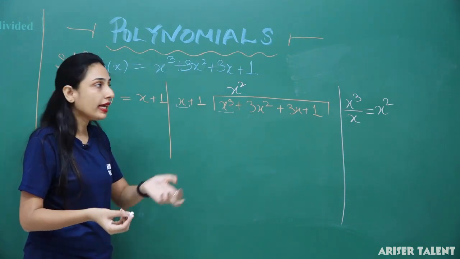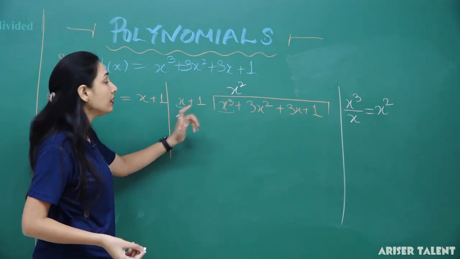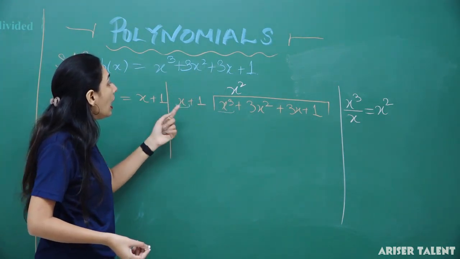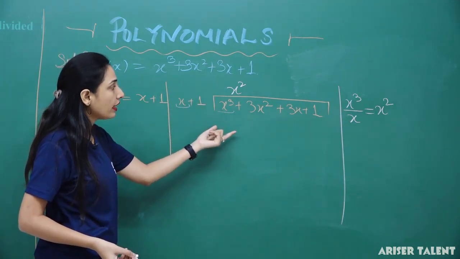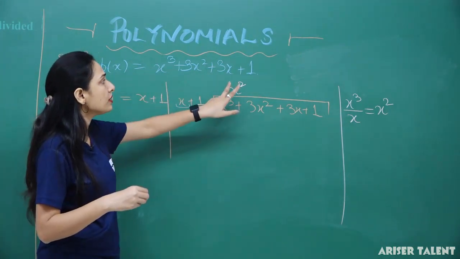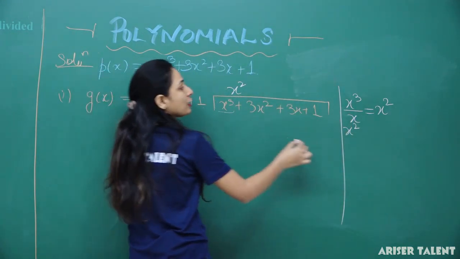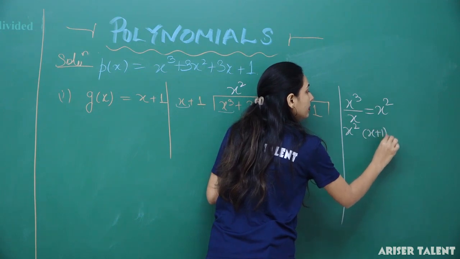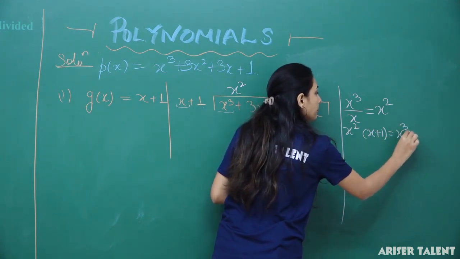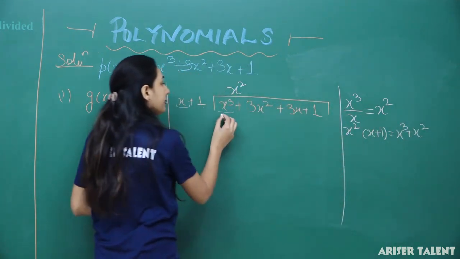Then multiply this x square by x plus 1. You can simply multiply it and find x cube plus x square, and if you are confused, write x square, multiply it by x plus 1 in your rough work and then write it here.